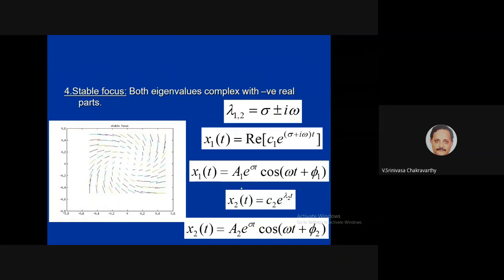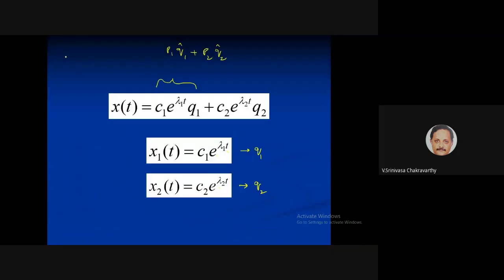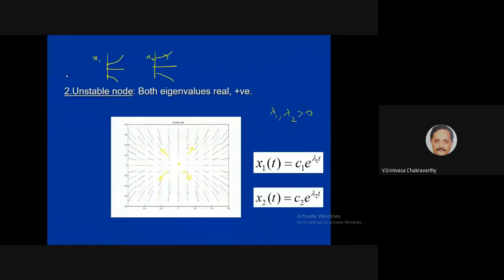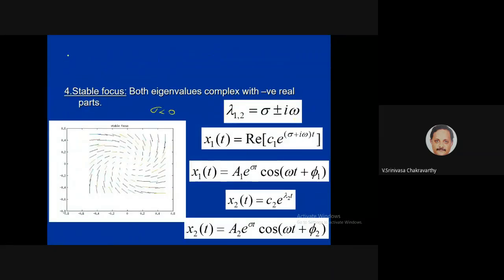Basically both are sinusoids, and the real part is negative, that means sigma is a negative number. So if you take plots of x1, it will be a decaying sinusoid, something like that. The same story with x2.